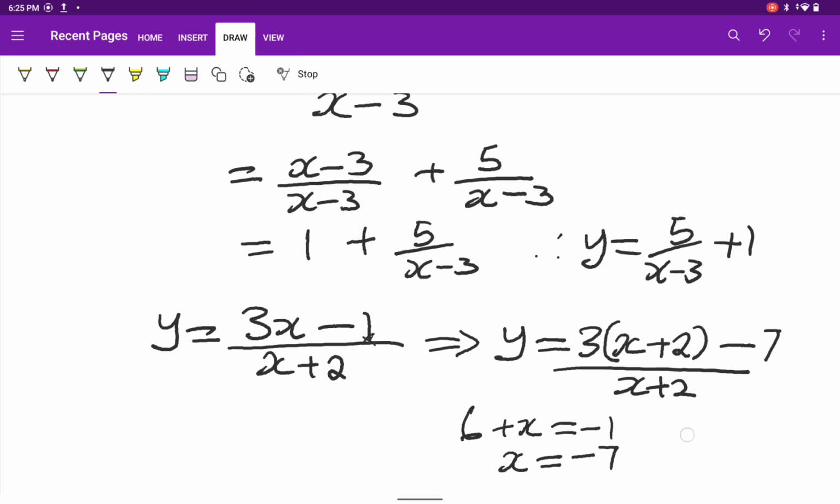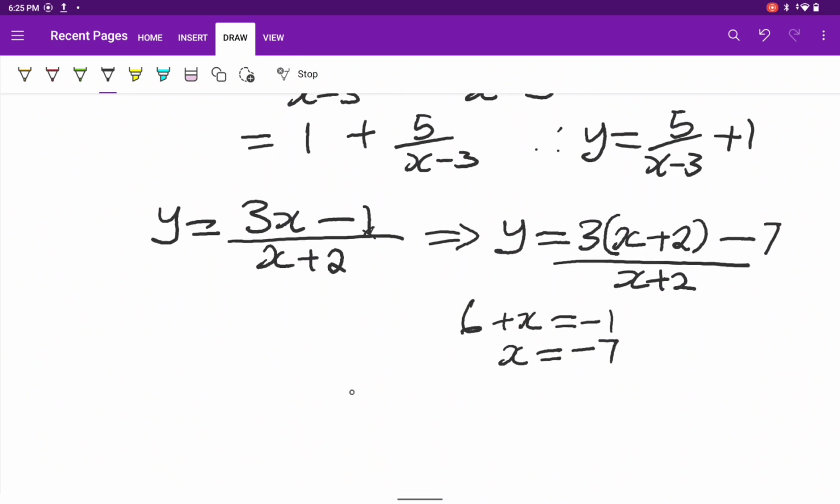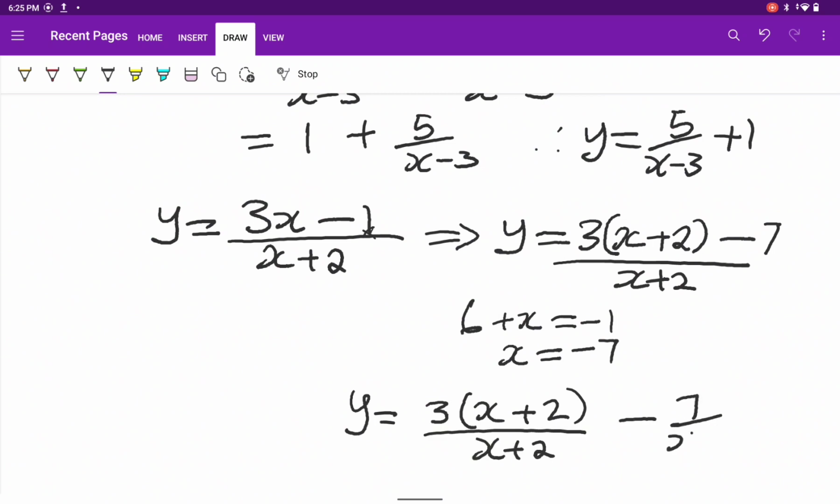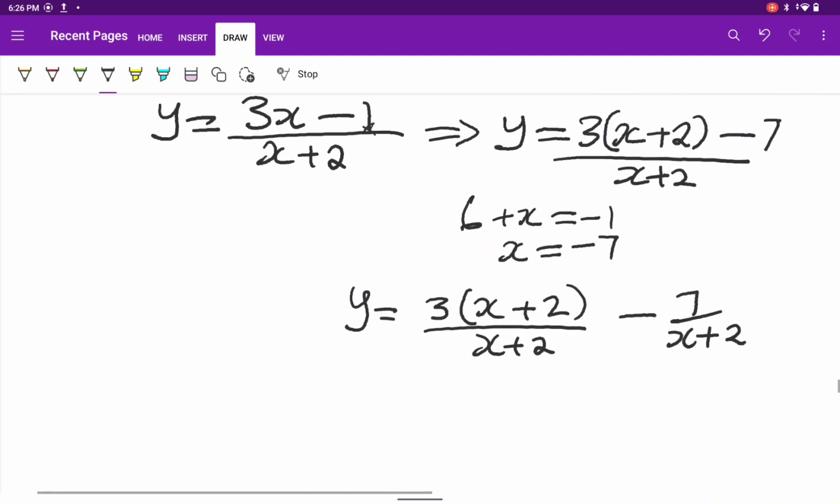So now we have our equation as y equals 3 into x plus 2 over x plus 2, then minus 7 over x plus 2. So we can separate this, and as we separate, you can see the x plus 2 will cancel out the x plus 2.